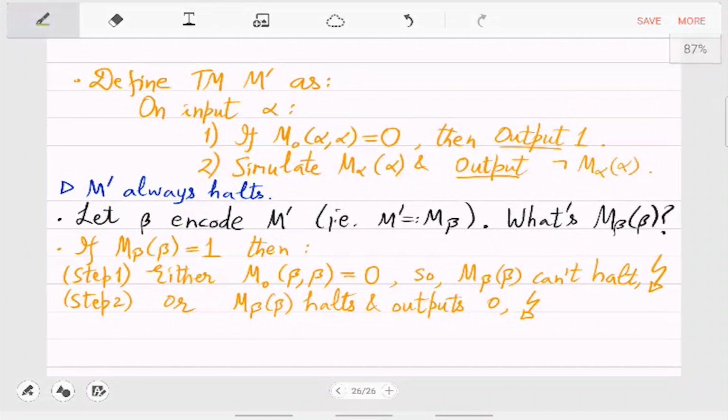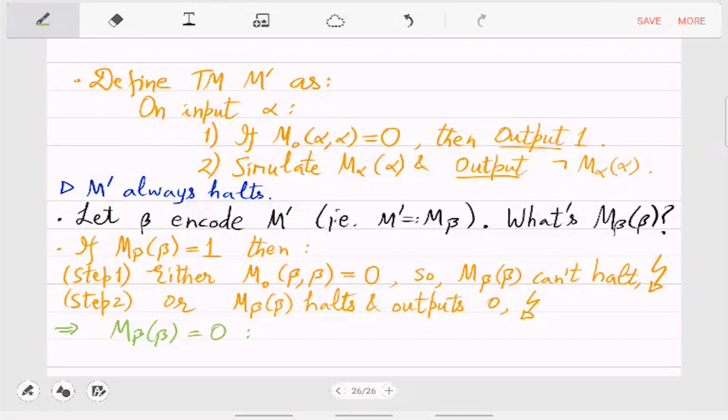So, now let us go to the other case. This means that M beta beta has to be 0. That is the only case left. In this case, output 0, in these two steps, when do you get output 0?